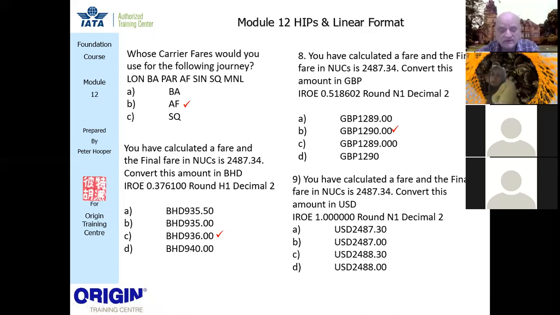A and C. Because the correct answer is D. Oh, no, C. It's B, because it's N1, not H1. If you see the right answer and you know why you got it wrong, that means you understand it. It's when you see the right answer and have no idea how they got it that there's trouble.